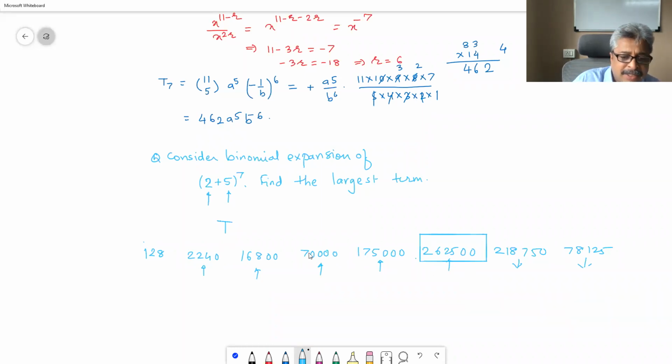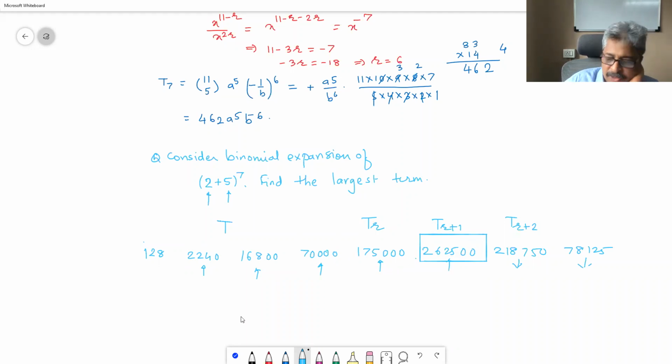The idea is, suppose this is term number r plus 1, then this is term number r, and this is term number r plus 2, for some value of r. We want to find that value, because the moment we have r, we will be able to evaluate the term.